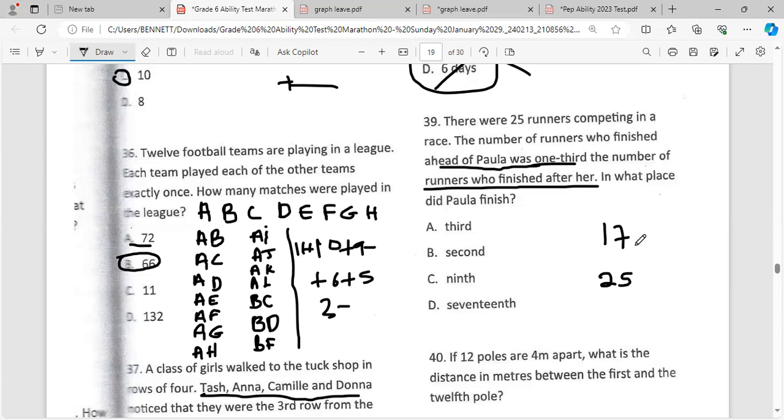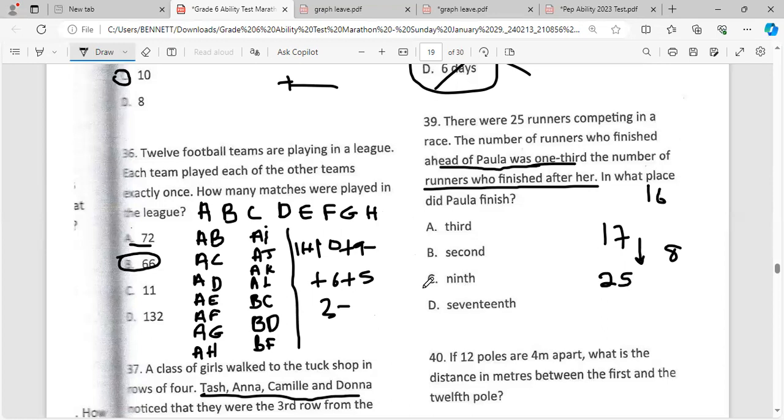So in total, if she finished 17th, 8 persons finished behind her. But it would be half, 16. 16 would be half. It couldn't be 17, because remember, they say the number of runners who finished ahead of her was 1/3. 8 is not 1/3 of 16.